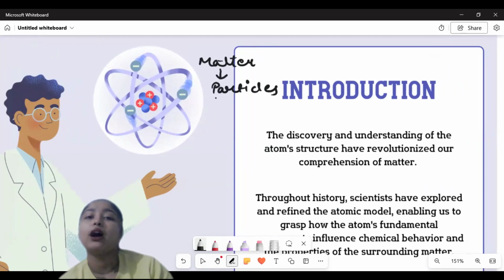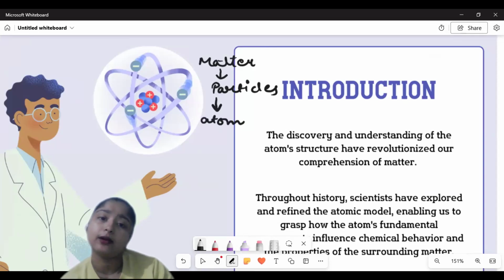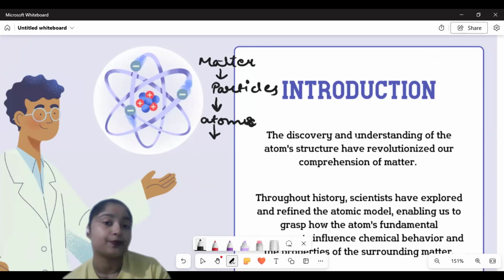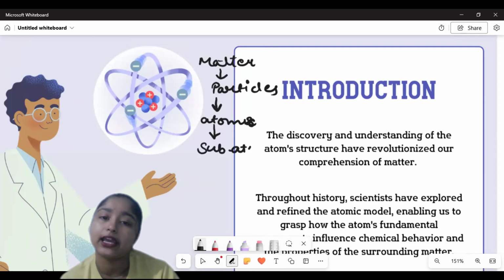These particles are made up of atoms. Atoms are called the smallest unit in a matter, but that's not completely true, because there are many subatomic particles that make up an atom.